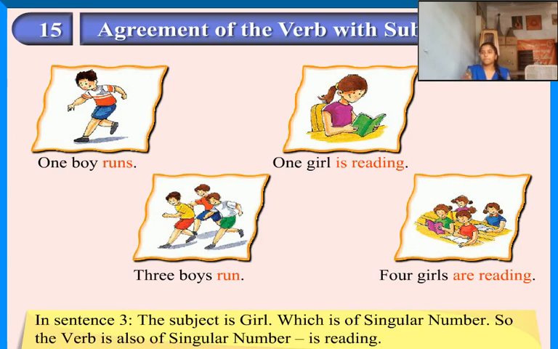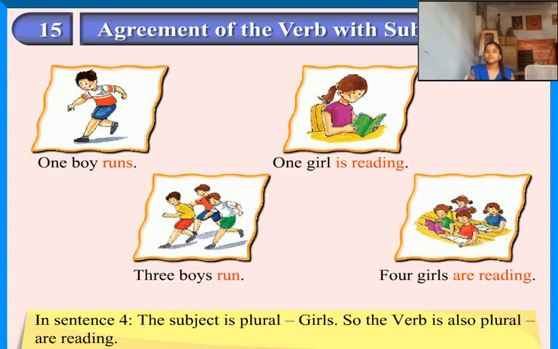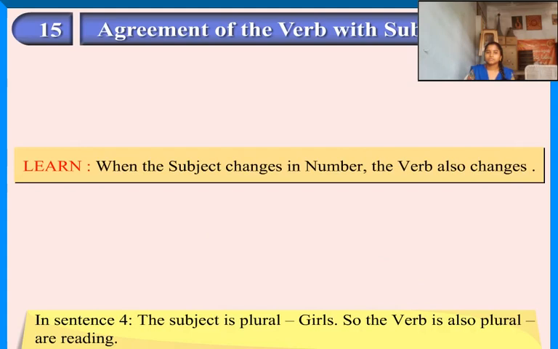In sentence 3, the subject is girl, which is of singular number, so the verb is also of singular number. Is reading. In sentence 4, the subject is plural. Girls. So the verb is also plural. Are reading. Learn. When the subject changes in number, the verb also changes.